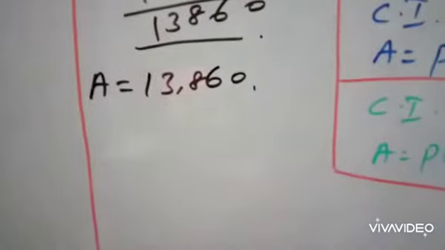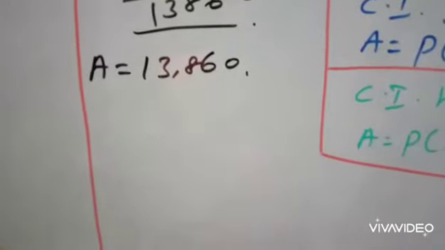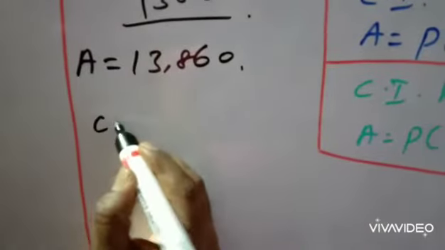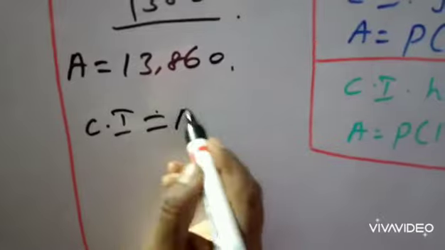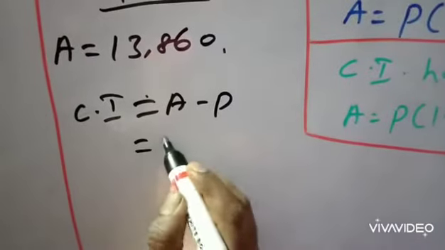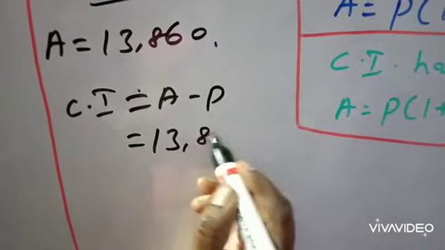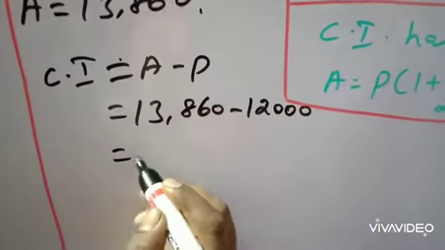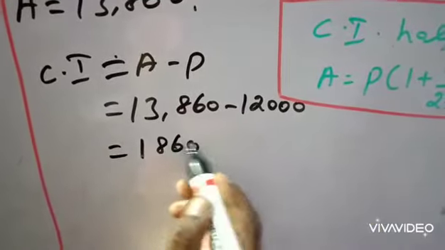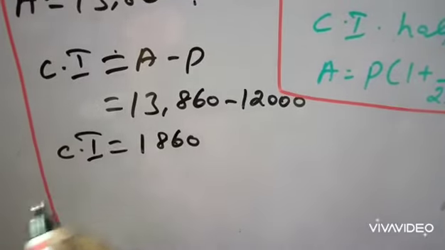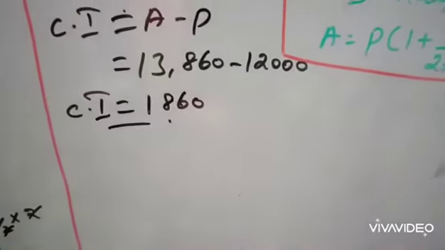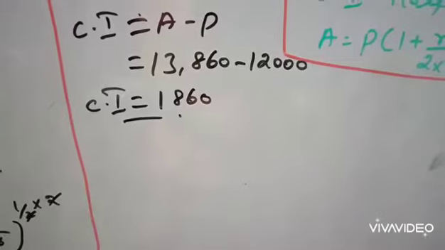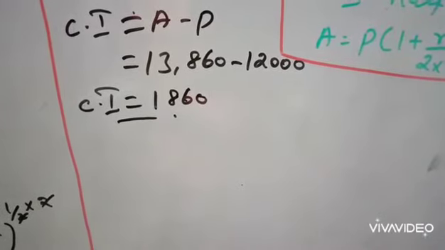So now we need to find the compound interest. Compound interest equal to amount minus principal. So we have 13,860 minus 12,000 equal to 1860. This is the compound interest for 1.5 years. Now they are asking the difference between compound interest and simple interest.